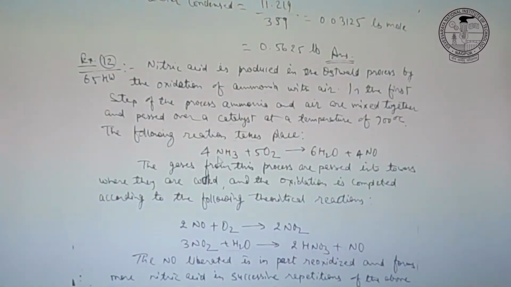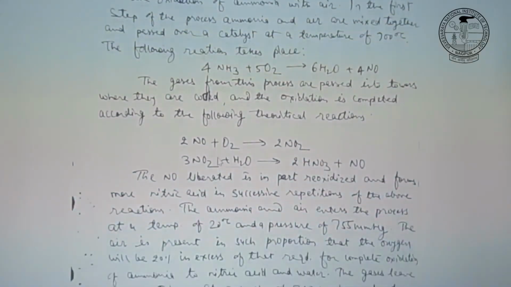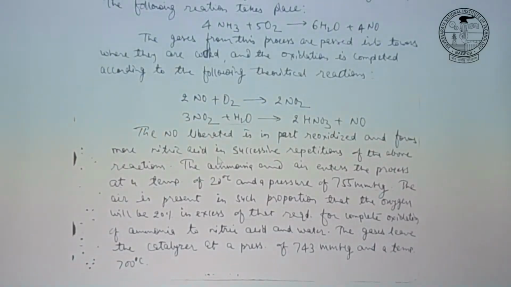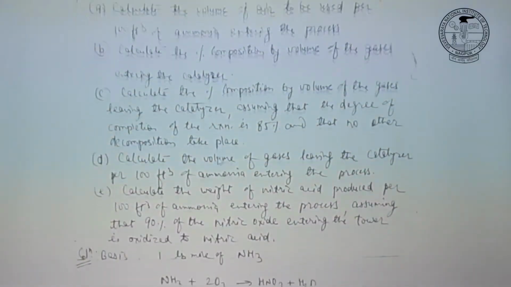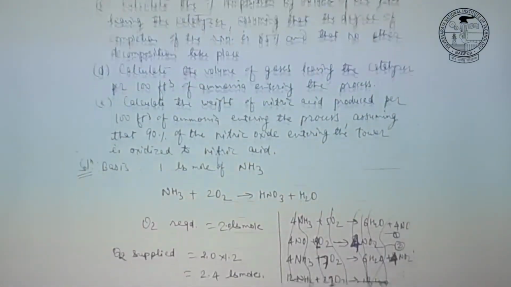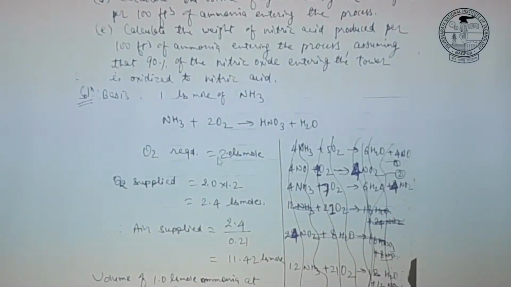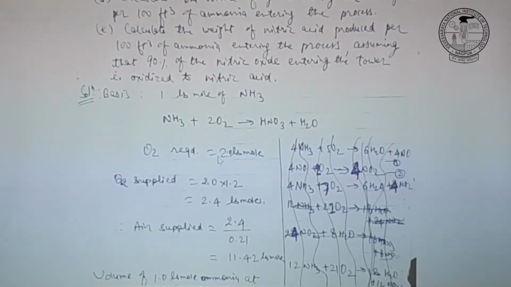The first reaction is 4 NH3 plus 5 O2 gives 6 H2O plus 4 NO. Then 2 NO plus O2 gives 2 NO2, and 3 NO2 plus H2O gives 2 HNO3 plus NO, right? So if you combine all these reactions, it will land up with the resultant reaction: NH3 plus 2 O2 gives HNO3 plus H2O, right?